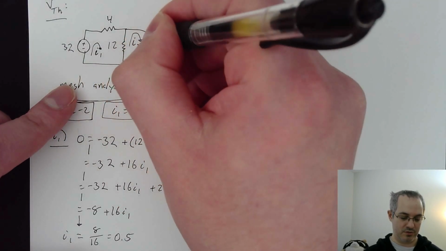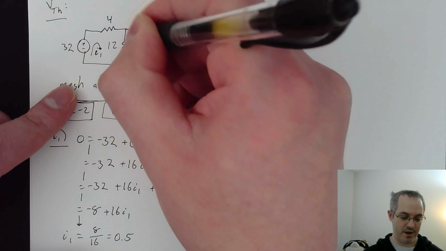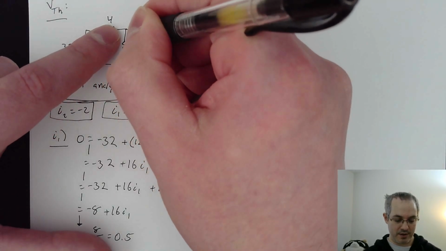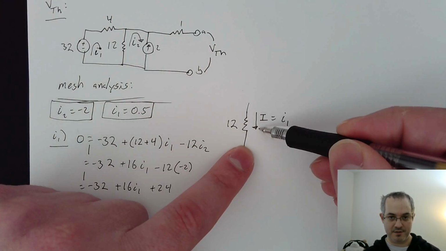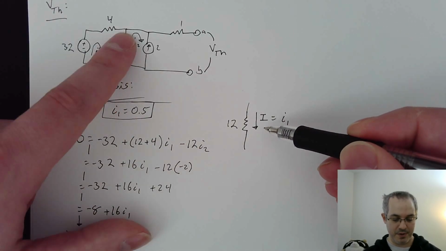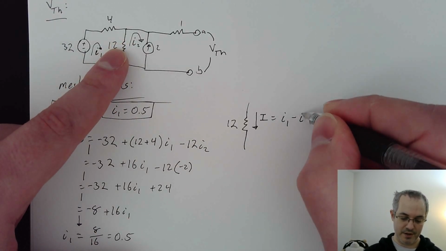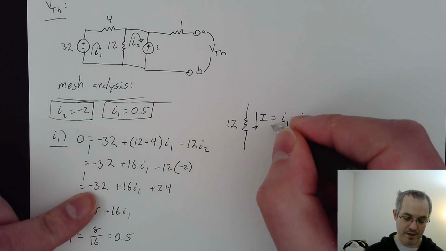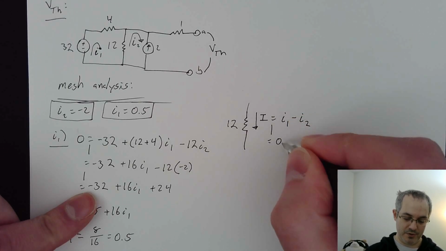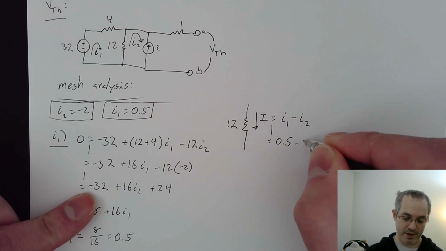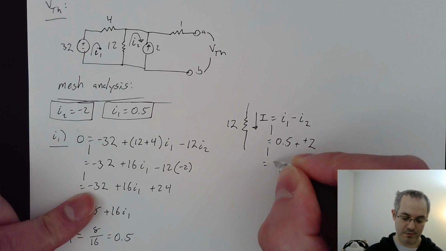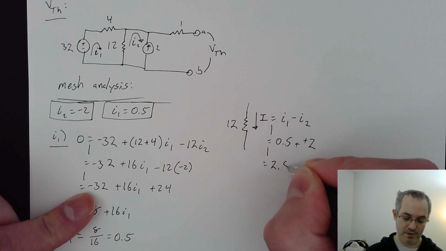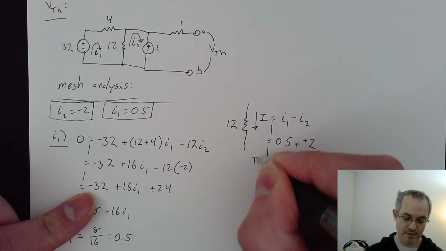It's going to loop around and go up this way, while the current there we defined going down. I2 is going up there, so it's going to be minus I2. Plugging in the numbers, 0.5 minus -2 is going to be 2.5 for that current.